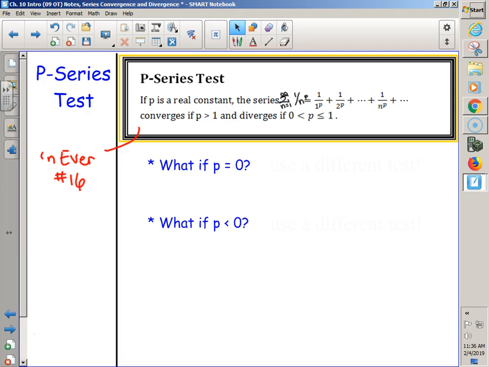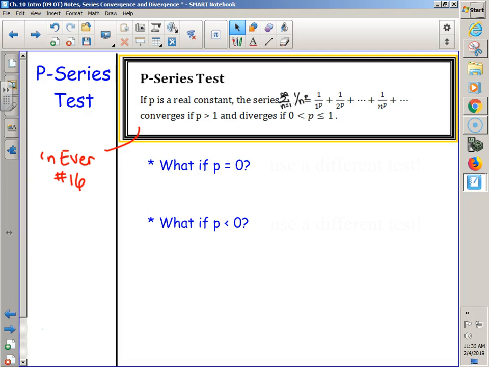And if you ever forget the p-series test, you could always pretend it's an improper integral, and you could integrate. We talked about this briefly on Friday, Thursday, whenever, about how 1 over x diverges and 1 over x squared does not, or 1 over k diverges and 1 over k squared does not. For instance, let me put it in red, it's an example.